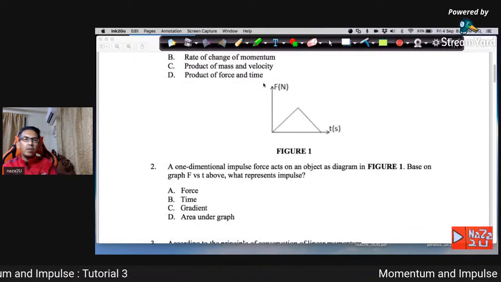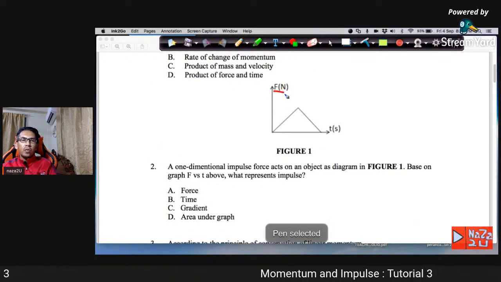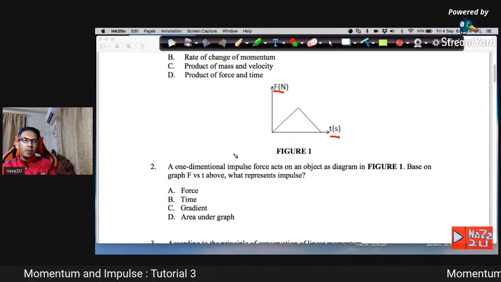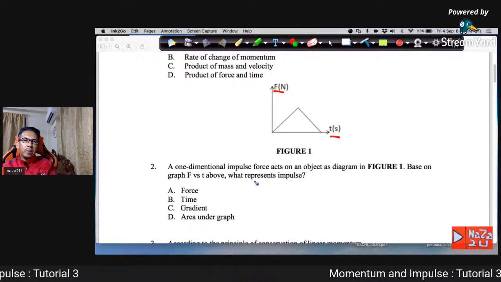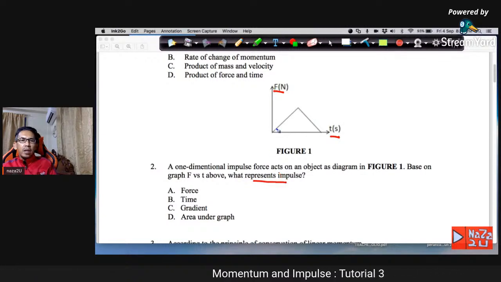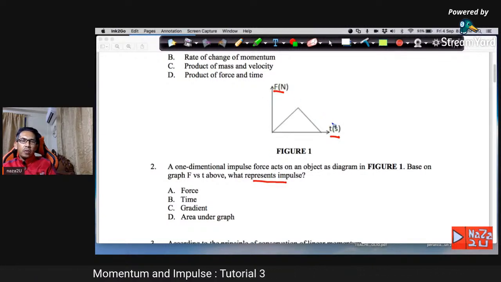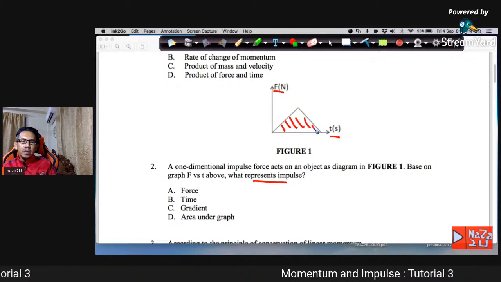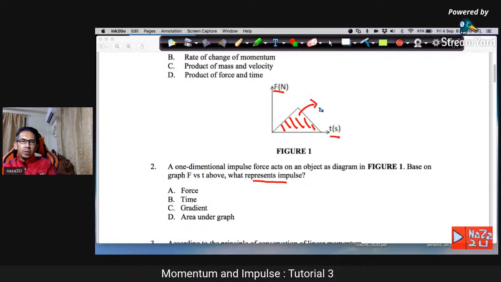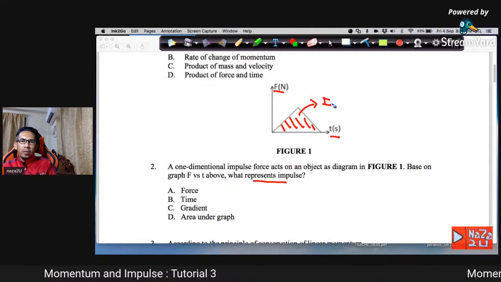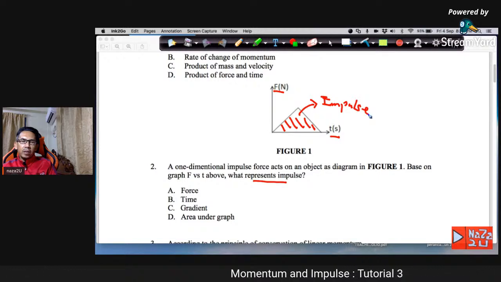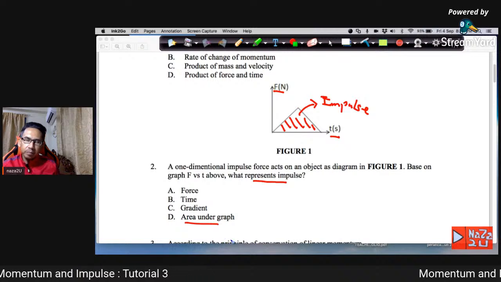This is the figure 1 graph, force versus time T. Based on the graph of force versus time T above, what represents impulse? For the graph of force versus T, the area under the graph here is equal to impulse. So the answer is the area under the graph.